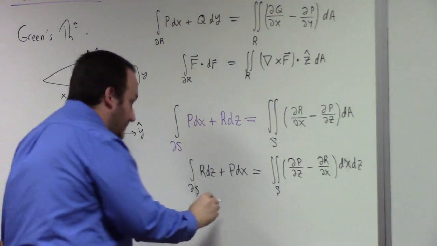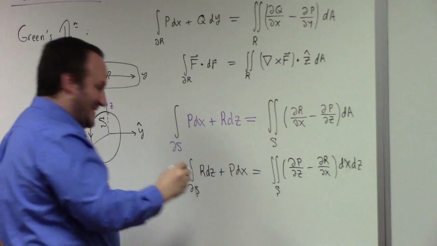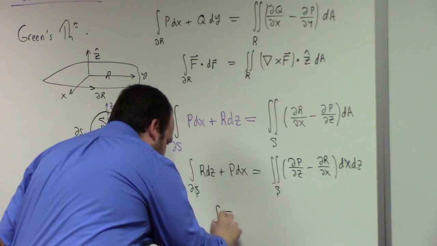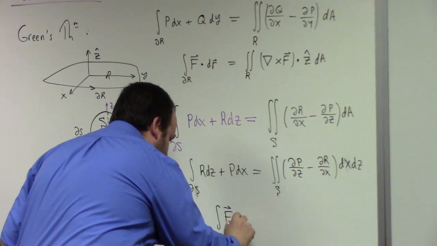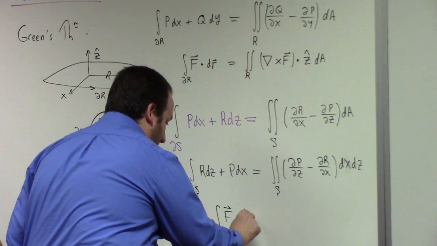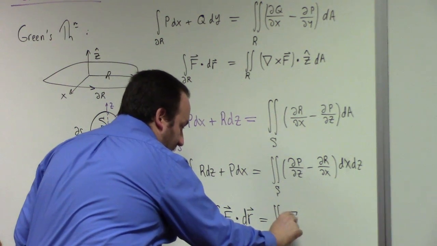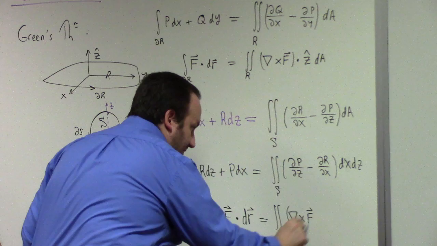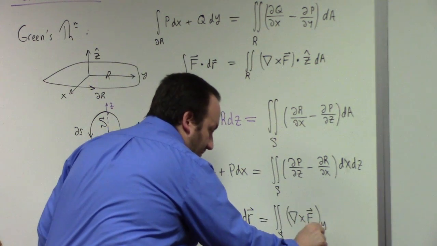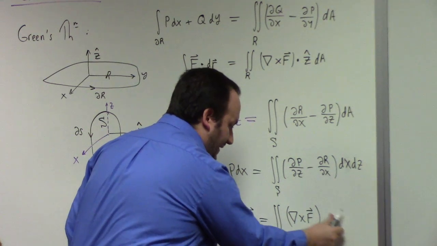And in this one, where F is what? Well, actually, it doesn't matter what F is. And this one down here, we're looking at F dot dr is equal to the integral over S of the curl of F. This is actually the y component of the curl. So I could say y component, or I could say dot y hat, same deal.